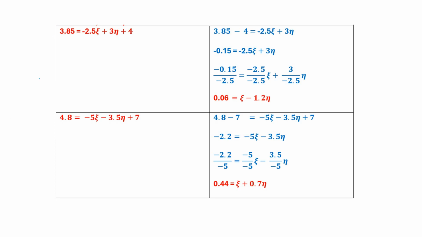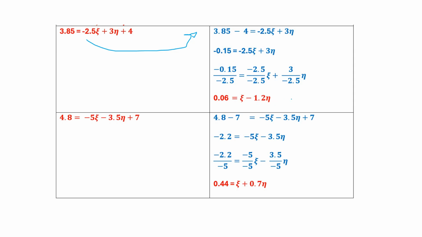So how to solve these two equations? As you know, it's a simple thing. Now you can see that this is the equation taken, and this equation is divided by minus 2.5 on both sides. So this equation is rewritten here, and from this you are getting minus 1.5 equal to minus 2.5 psi plus 3 eta.